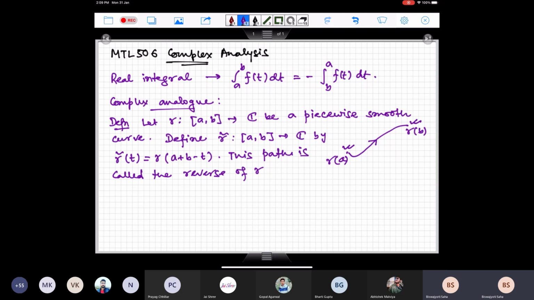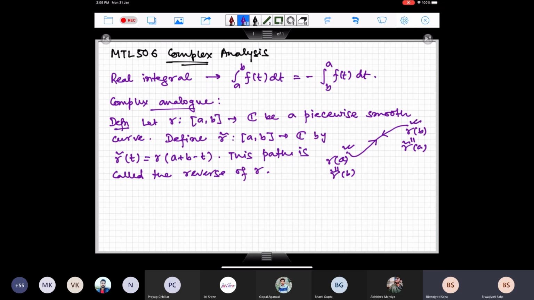Essentially, the trace of these two paths is the same set, except that this point gamma b is now gamma tilde of a, and this point gamma a is now gamma tilde of b. So I am traveling along the same path, exactly the same set of points, but in the reverse direction. That's why this is called the reverse of gamma.